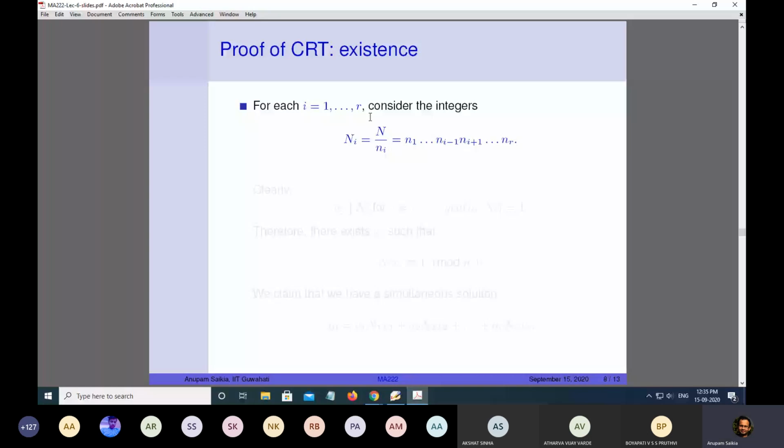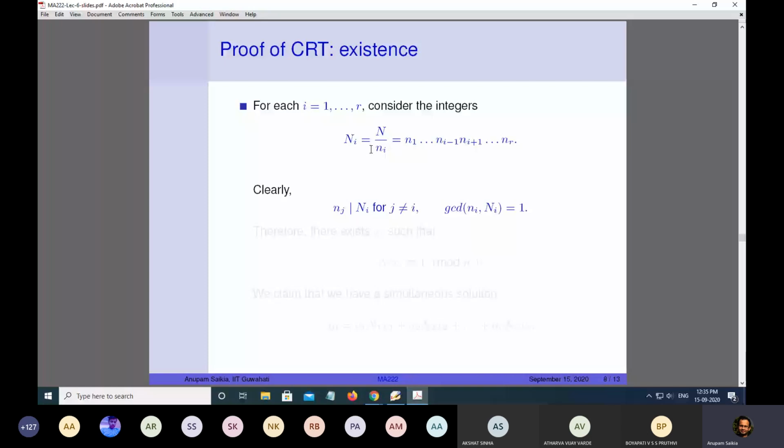Now what is to be observed is that this capital Ni is divisible by all the other integers except the ith one, because the ith one is missing here. So Ni is divisible by all nj when j is not i. But it will be co-prime to the ith one. Why?